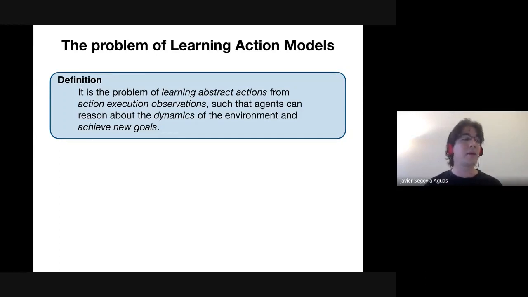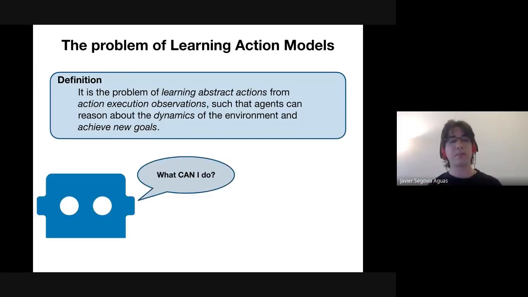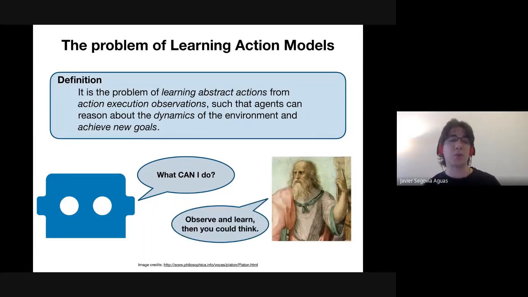And this cannot be provided by experts, because at some point, if we have autonomous agents, they will have to learn by themselves which are the possible actions to apply. So an agent may think, what can I do from all possible actions? So observe and learn.